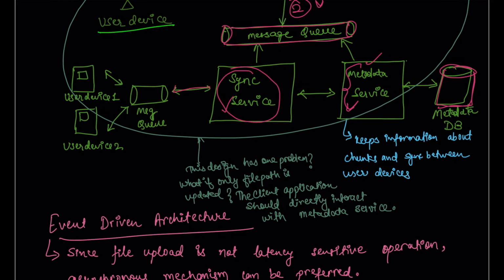So basically it publishes those notifications to a message queue, and it can pass that information to these other user devices, so that these user devices can download those chunks to their local copy. These user devices also run a local Google Drive client on their end, right?